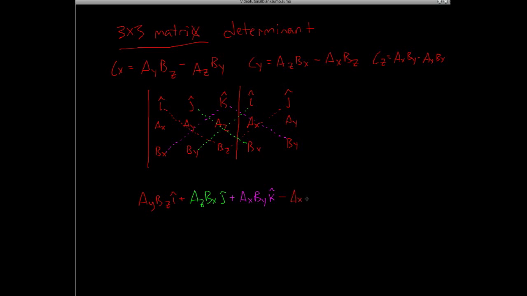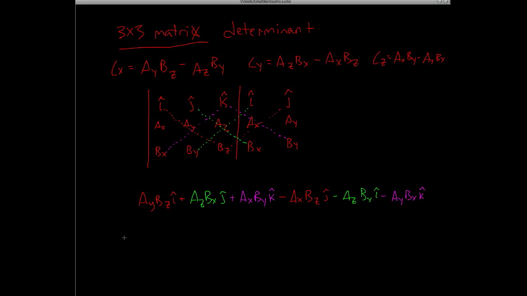We've got Ax, Bz, j hat, and then minus Az, By, i hat, and then minus, my k stayed pink and true, minus Ay, Bx, k hat. And just like before, we're going to group our like terms and factor out our i hats and whatnot.